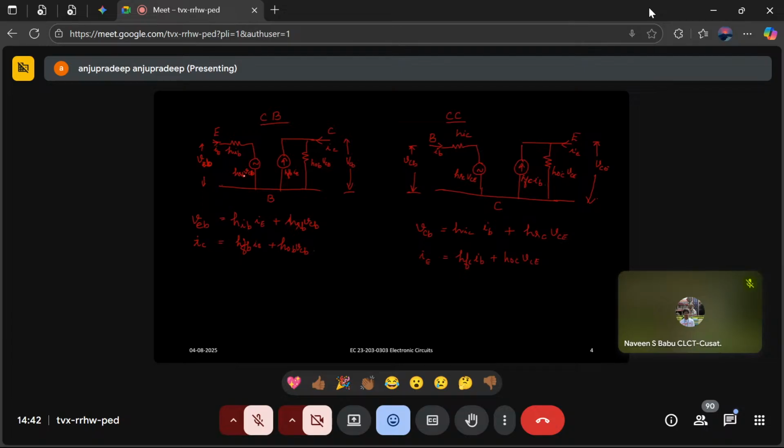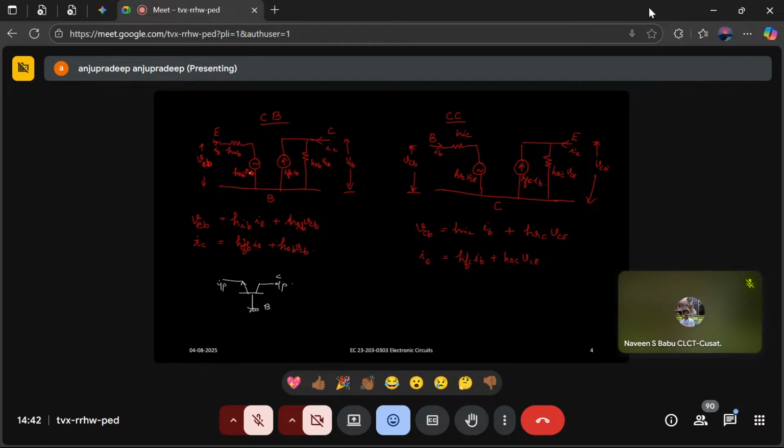Okay. So how will you draw common base configuration? In common base, base is ground, that's why I call it common base. Emitter is input and collector is output. So this reverse voltage you have to write as HR into V2. So V2 means it is the voltage between collector and base.